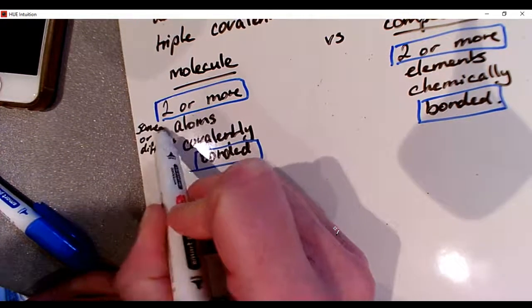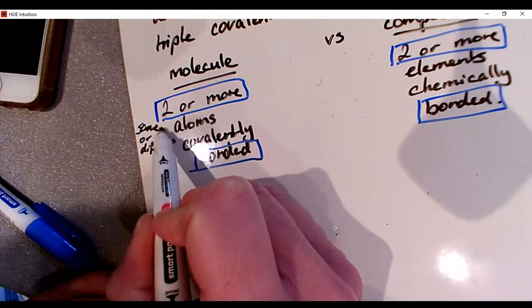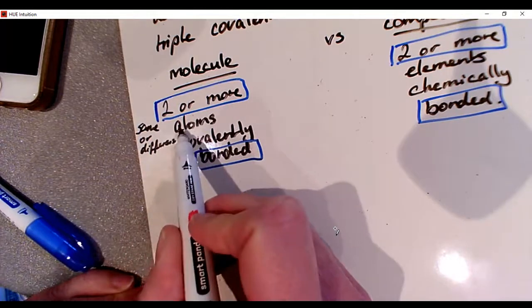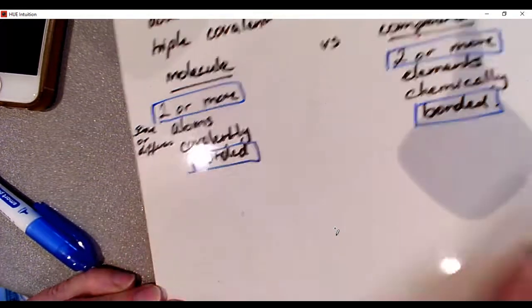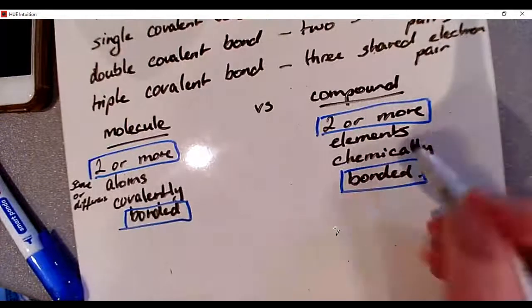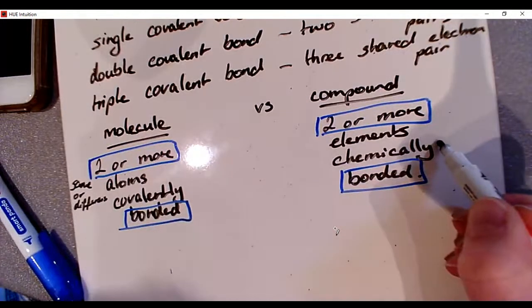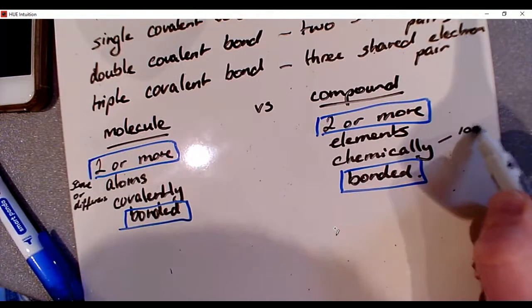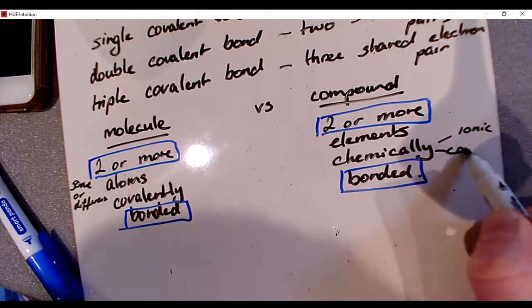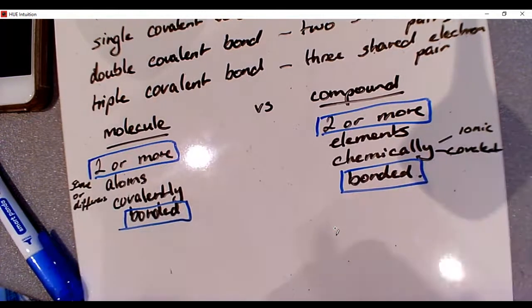If they're the same type of atom, then you have an element. And if you have different types of atoms, you have a compound. Whereas over here, with elements chemically bonded, they could be ionic bonds or covalent bonds. They're not specifying. That's why it says chemically, it could be ionic or covalent.